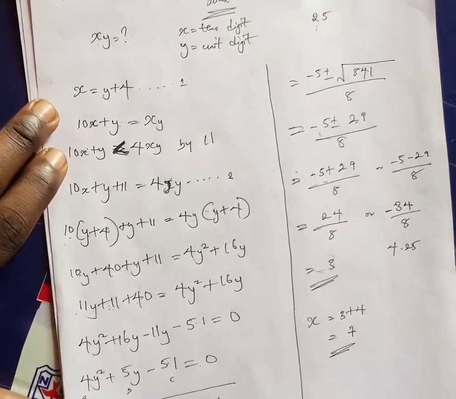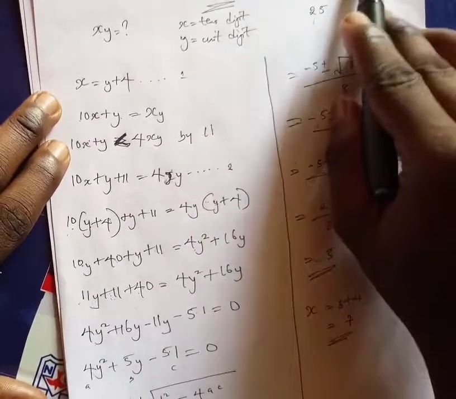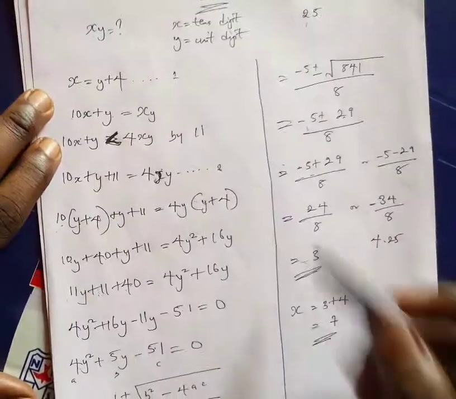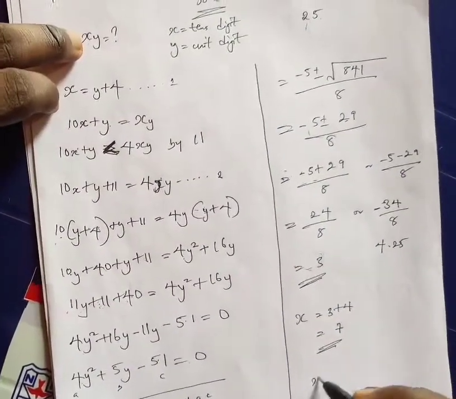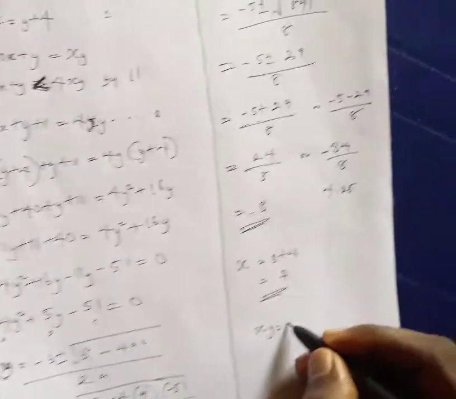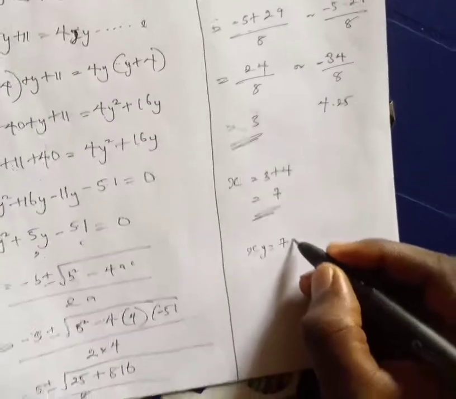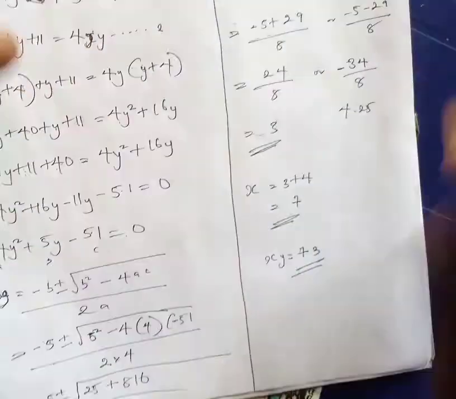Now we can see that 7, which is the tens digit, is greater than the unit digit by 4. Then the number that we are looking for will be xy, which is equal to 7 and our y 3, so 73. And this is the number we are looking for.